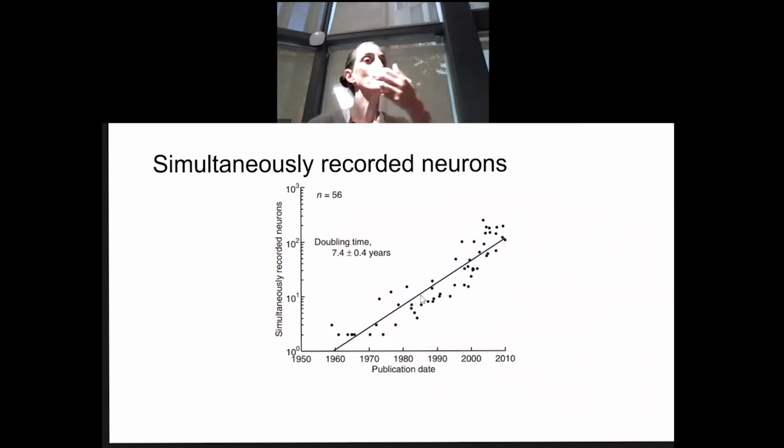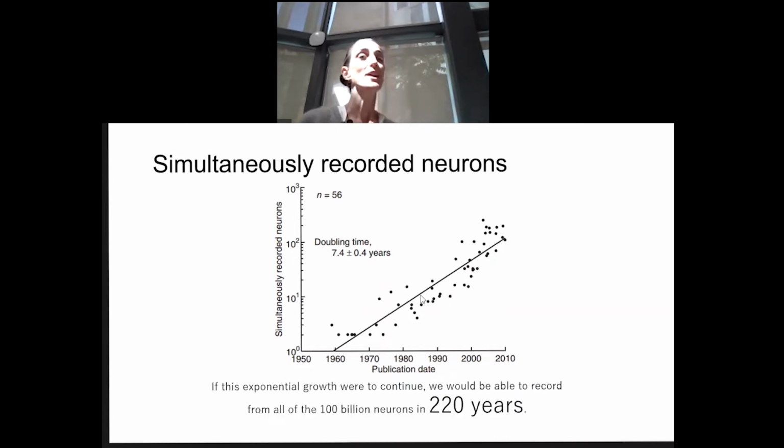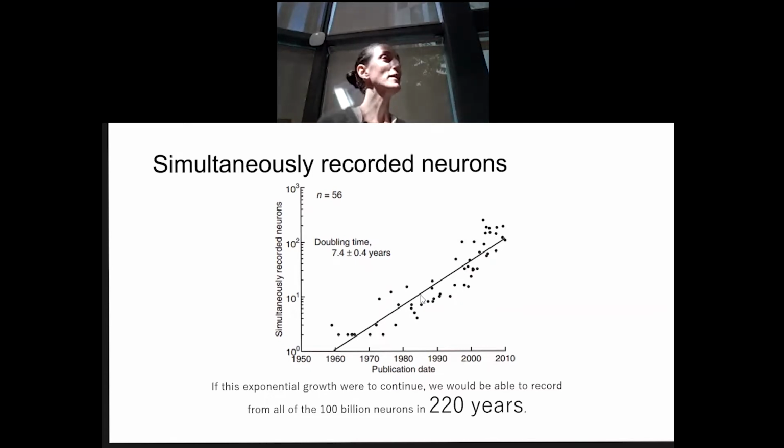So if we were to do the calculation, a doubling every 7 years means that had we wanted to record from the entire population of neurons in the human brain, it's going to take us 220 years. That's clearly not something that we are willing to accept, right?